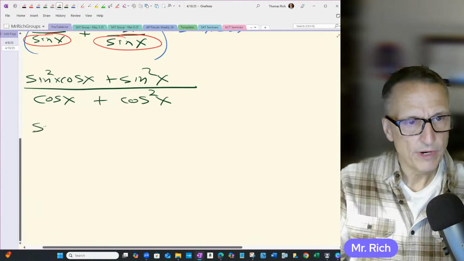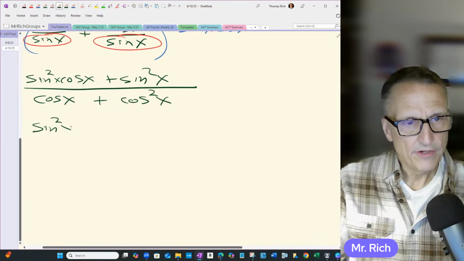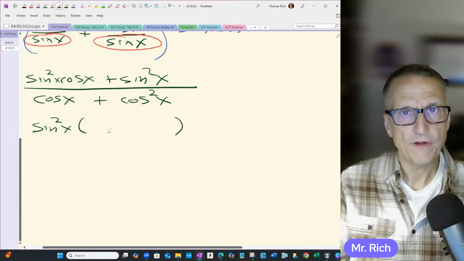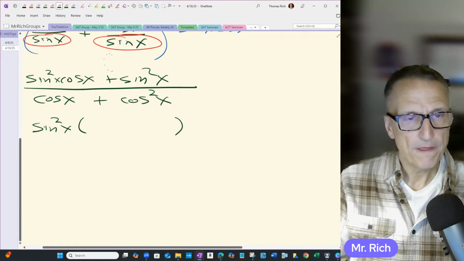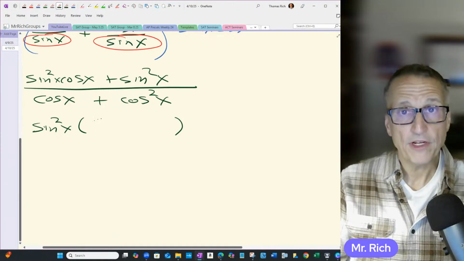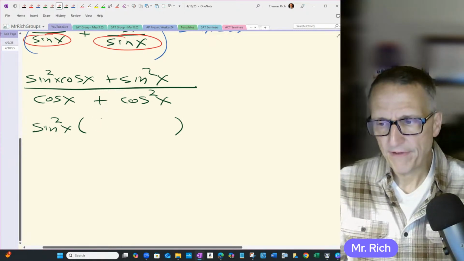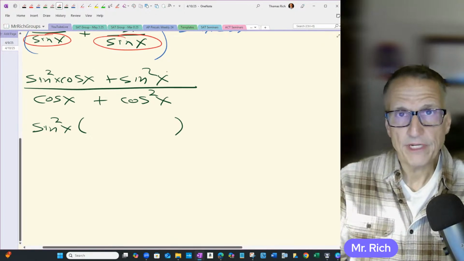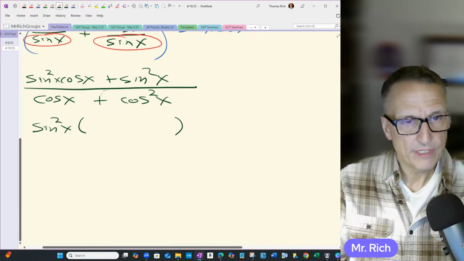From your algebra experience, when you're simplifying rational functions, that is ratios of functions, you need to factor so that you can then divide out common factors. So we will try to factor to see if we get a common factor between top and bottom.